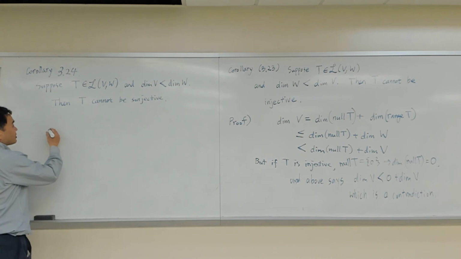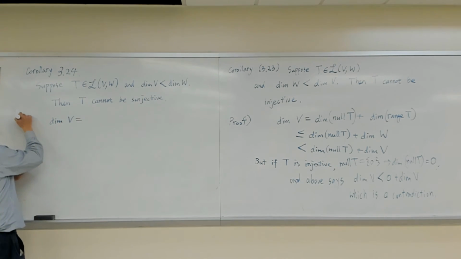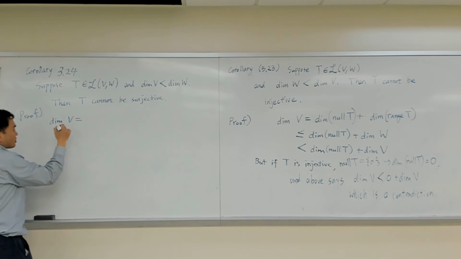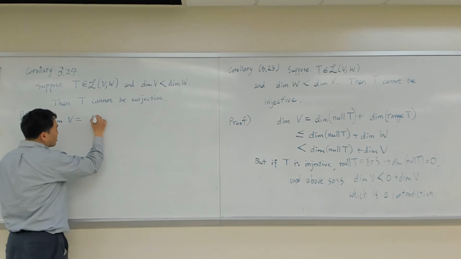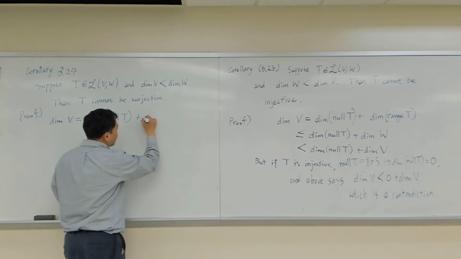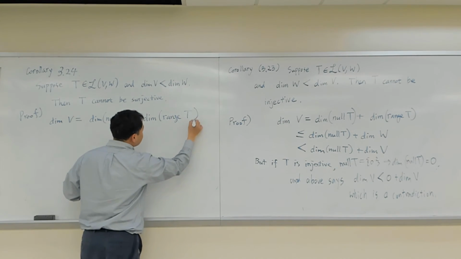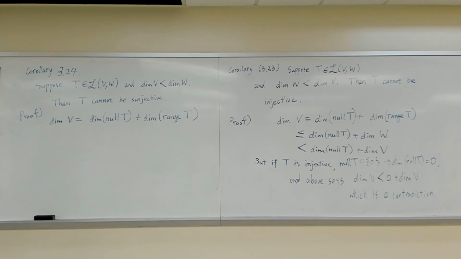Well, let's try that. So we start from the proof. We start with the fundamental theorem, which is the dimension of V is the dimension of null T plus the dimension of range of T. Okay. Again, we want to show by contradiction.